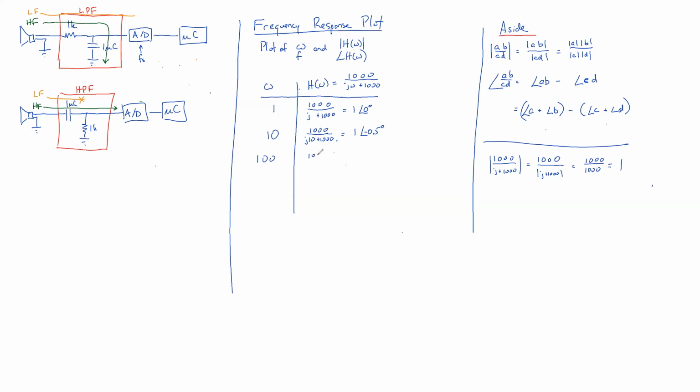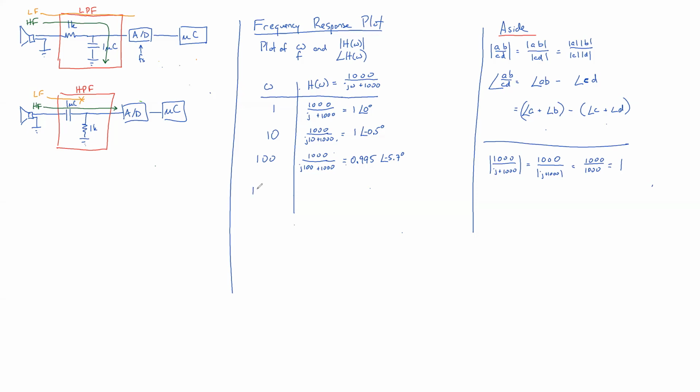Now for 100, our rough calculation is that this is still different by about an order of magnitude, by about a factor of 10. So if we were to calculate it by hand, we'd still end up with 1. If you put it into a calculator, you'll get exactly 0.995 at an angle of negative 5.7 degrees.